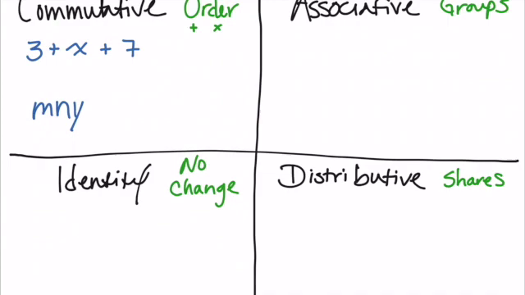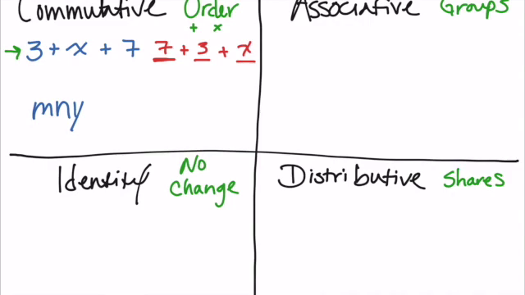So if I'm going to change this expression using the commutative property, I have to have my plus signs where they go. And all I'm going to do is take the same numbers involved and move them around. So maybe I put my 7 first, and then my 3, and then my x. Remember that x is just like a blank. We just use variables now.